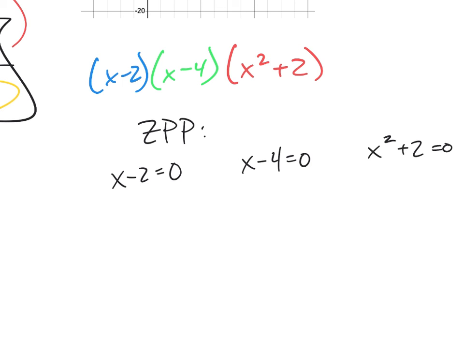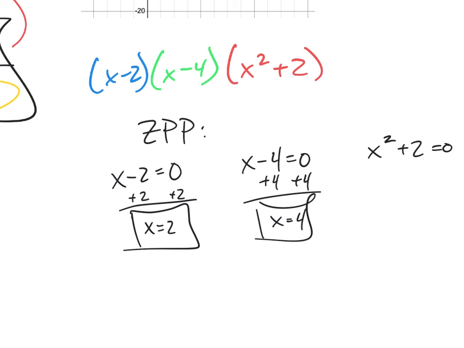Two quick answers, there they are, but then this one should give us two more. So minus 2 on both sides, we get x squared equals negative 2, x equals plus or minus the square root of negative 2.